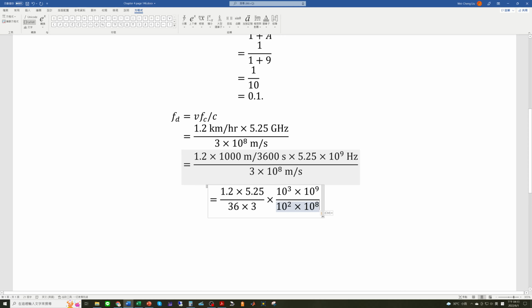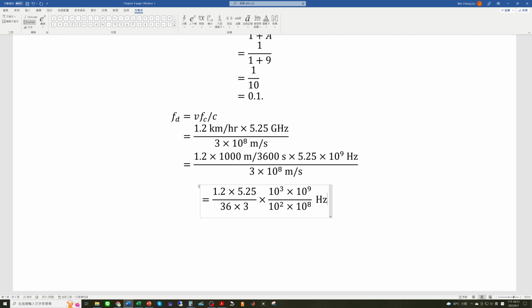And we can see that here is the meters, here is the meters, and they can be cancelled. And here is second inverse and second inverse, and they can also be cancelled. So the remaining unit is hertz. It is reasonable because FD is the Doppler shift, of which the unit is hertz.